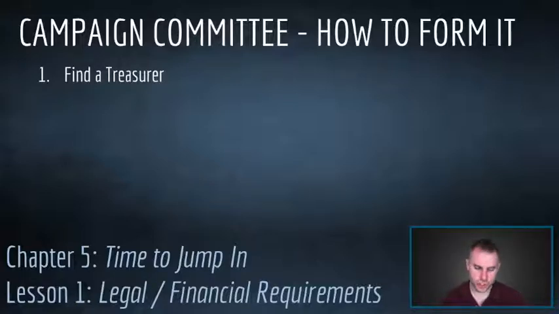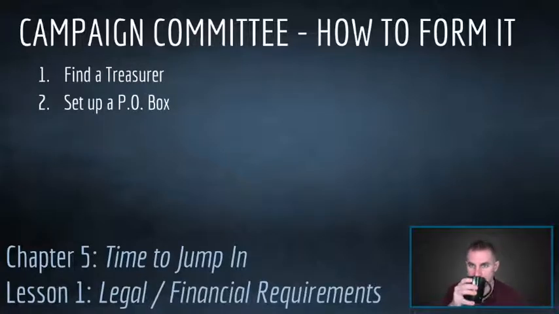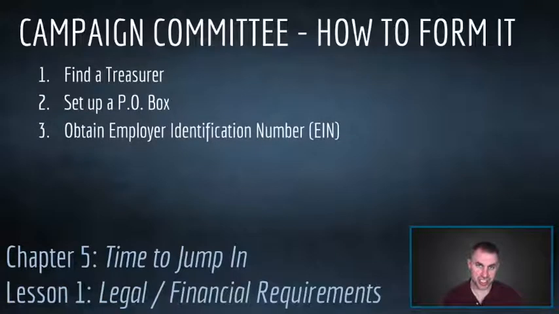So that's the treasurer. Two, you have to set up a PO box. There has to be a physical mailing address for the campaign when you start to file some of these disclosures. Third, you have to obtain an employer identification number, an EIN.